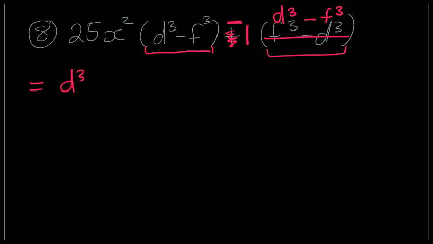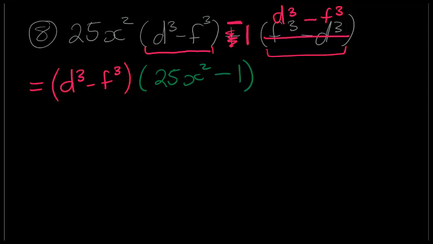So I'm going to take out d³ − f³, which are perfect cubes, and it's a difference of cubes. Then what I have left is going to be 25x² − 1. And if I look at that, 25 is a perfect square and 1 is a perfect square. So I've got a difference of squares as well as a difference of cubes.